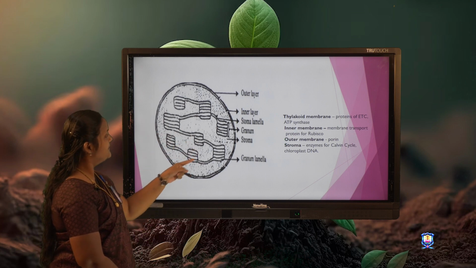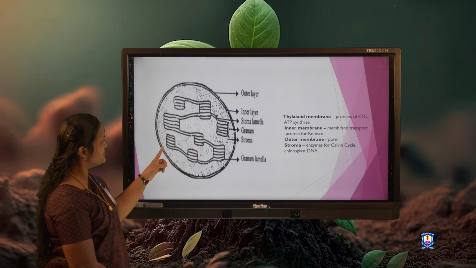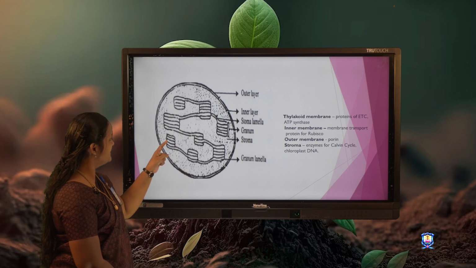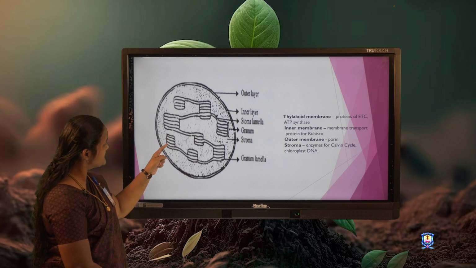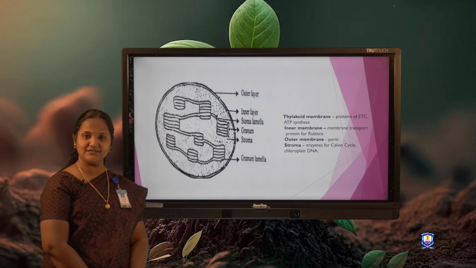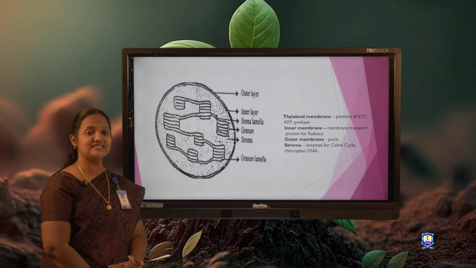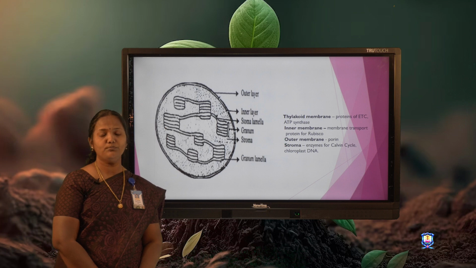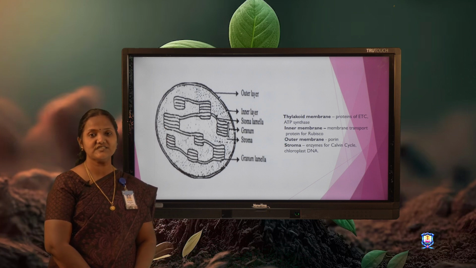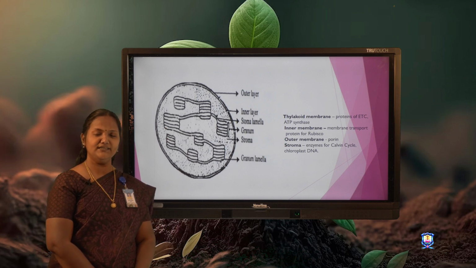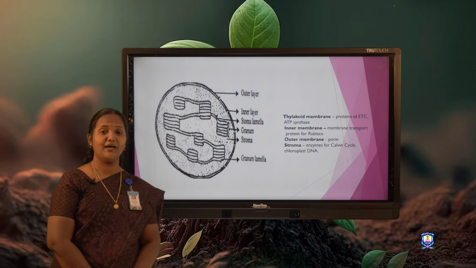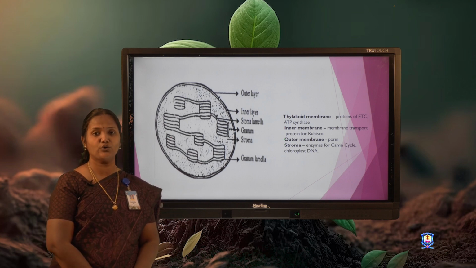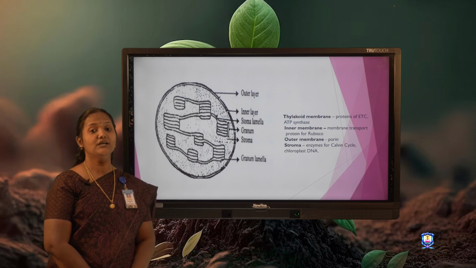In this stroma, the grana structures are embedded. The granules are arranged in disc-shaped structures, also known as thylakoids, and they resemble a stack of coins. This stack is known as a granum. The chloroplast has 40 to 60 grana in its structure, with active photosynthetic pigments.